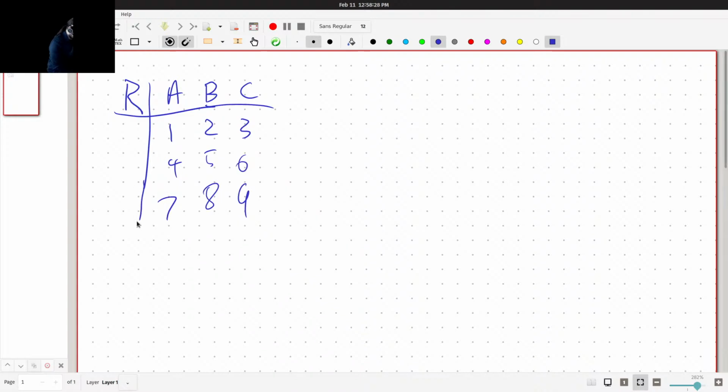So if I apply a projection, if I project R down to just A, what do we end up with here? We end up with 1, 4, 7, right?